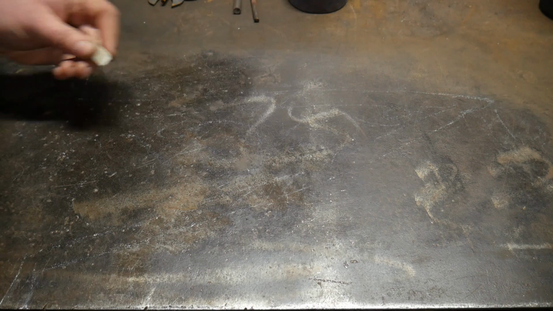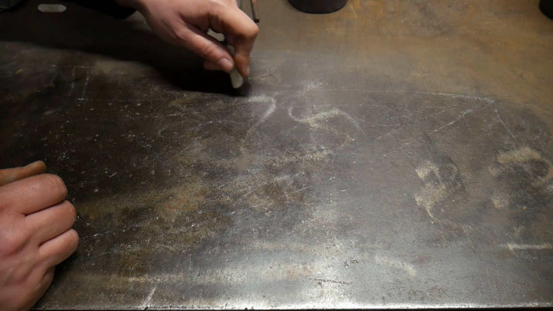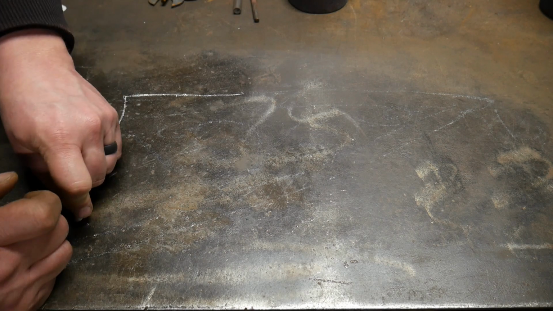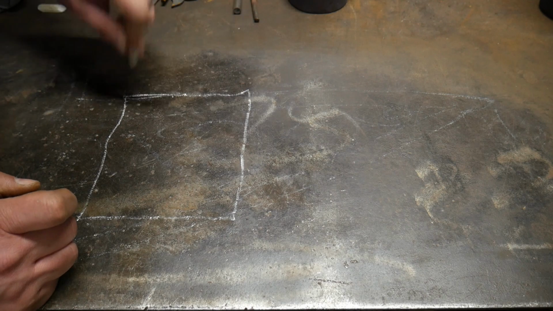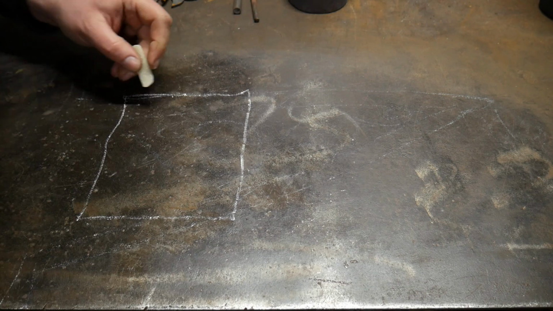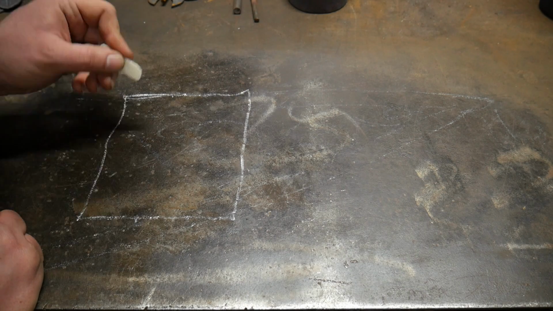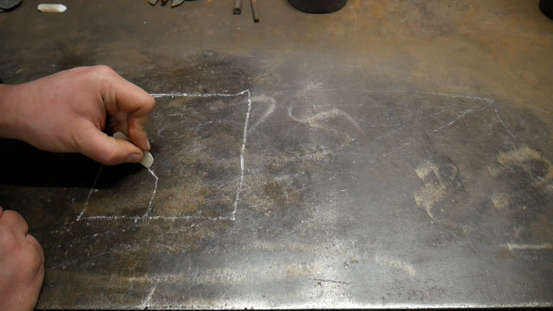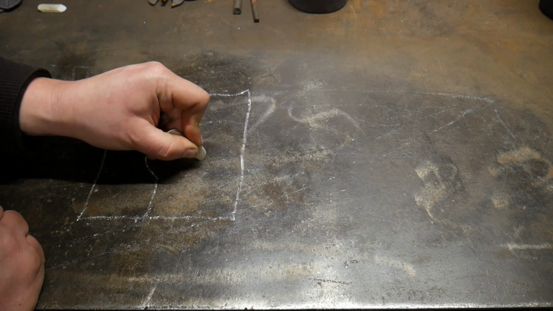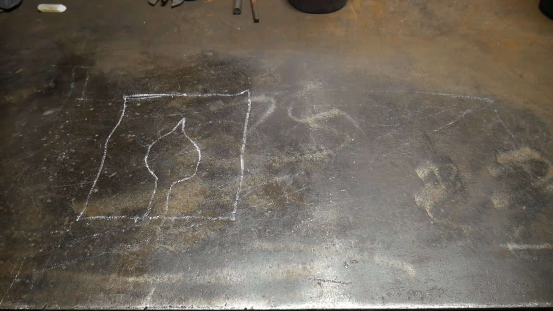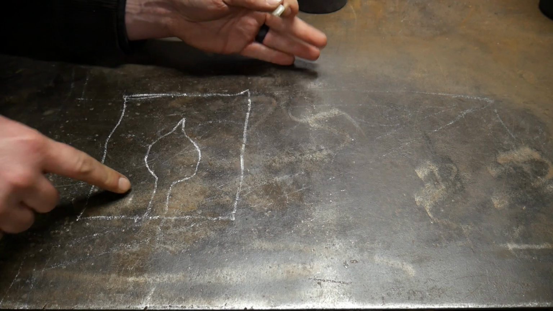So now I'm going to give you an example of what I mean by negative space in a little more detail. If I draw two boxes, and in those boxes I draw, say, a simple leaf. So there's that leaf, okay?